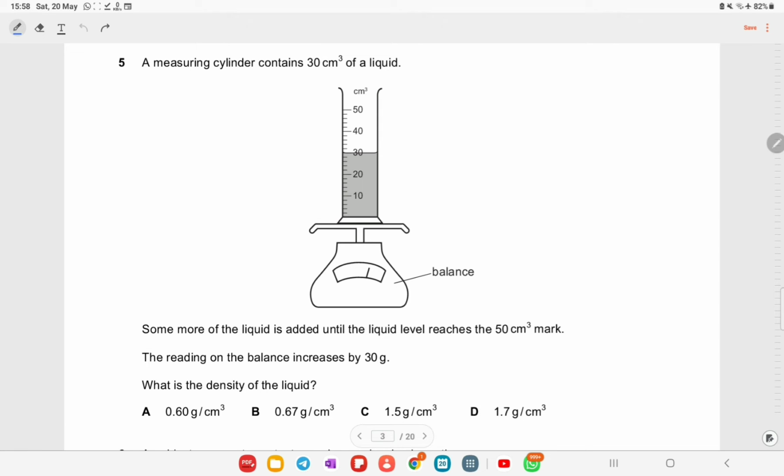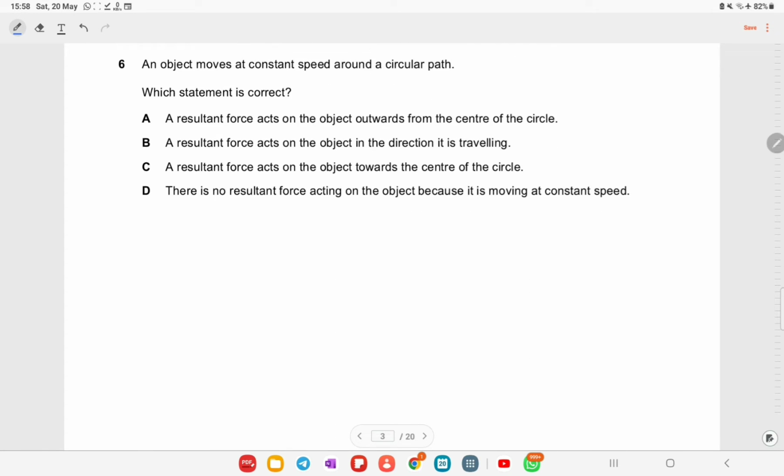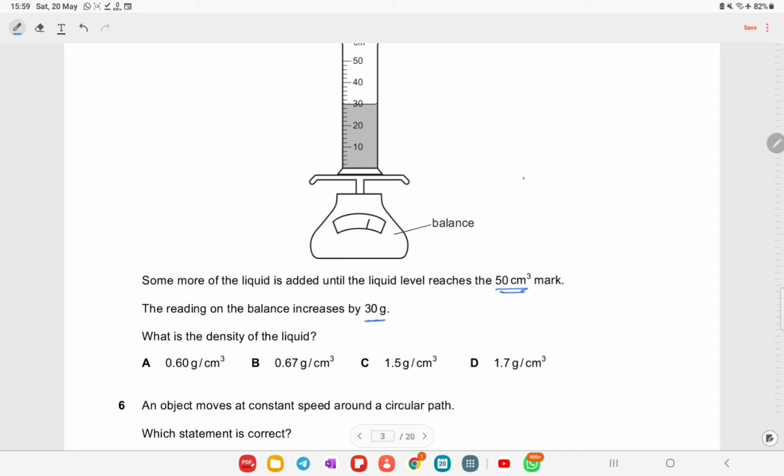A measuring cylinder contains 30 centimeter cube of liquid. Some more of the liquid is added until the liquid level reaches the 50 centimeter cube mark. The reading on the balance increased by 30 grams. What is the density of the liquid? We know the formula for density is mass over volume.